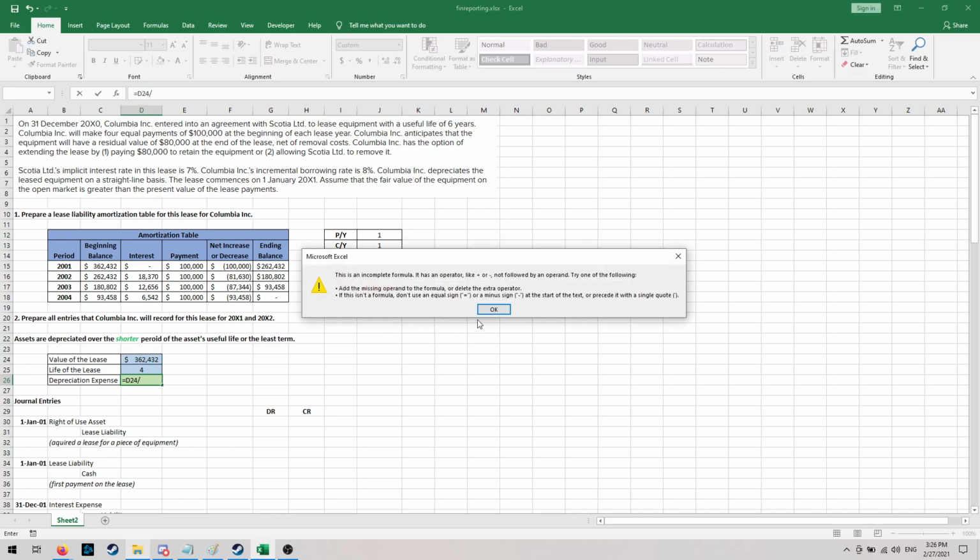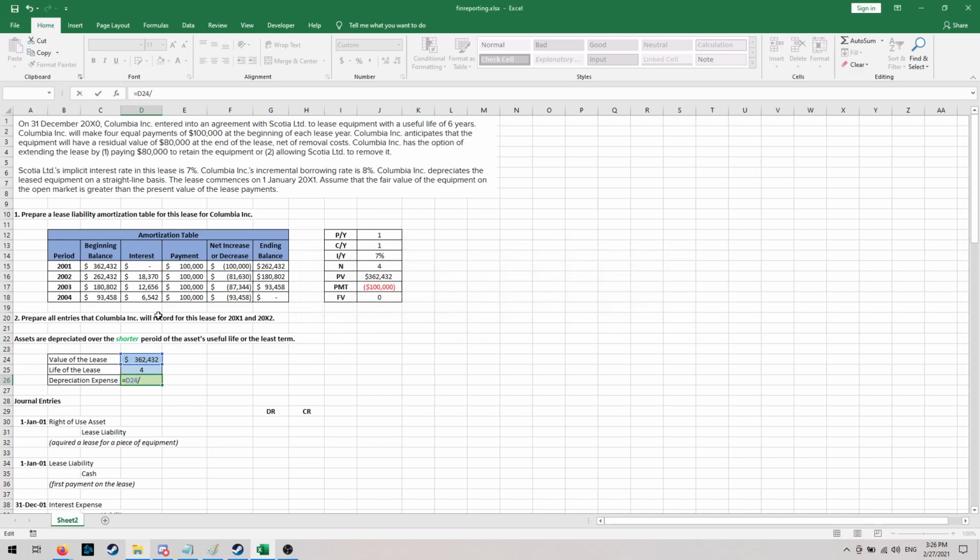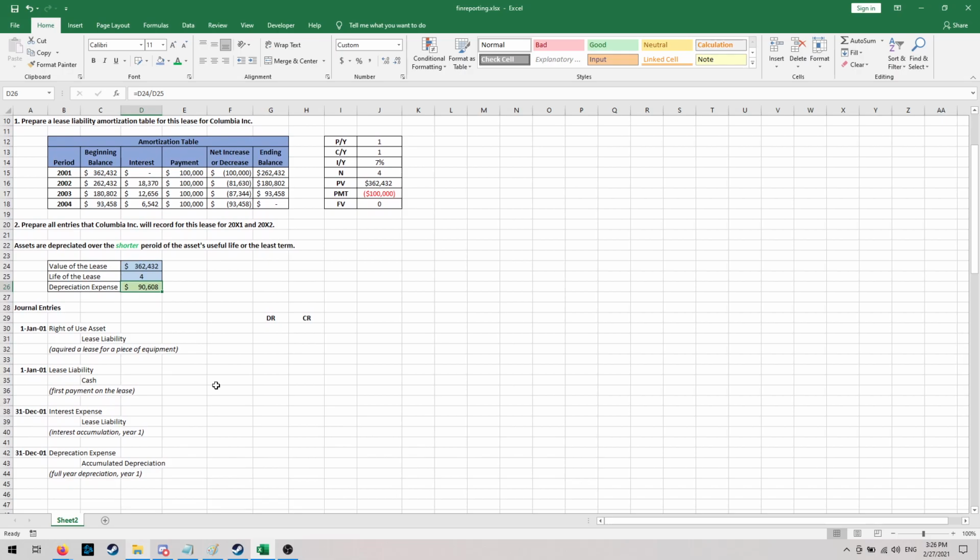Oops, I made a mistake, but we can fix that. So this is going to be the depreciation expense we're going to recognize each full year we own that asset: $90,608.